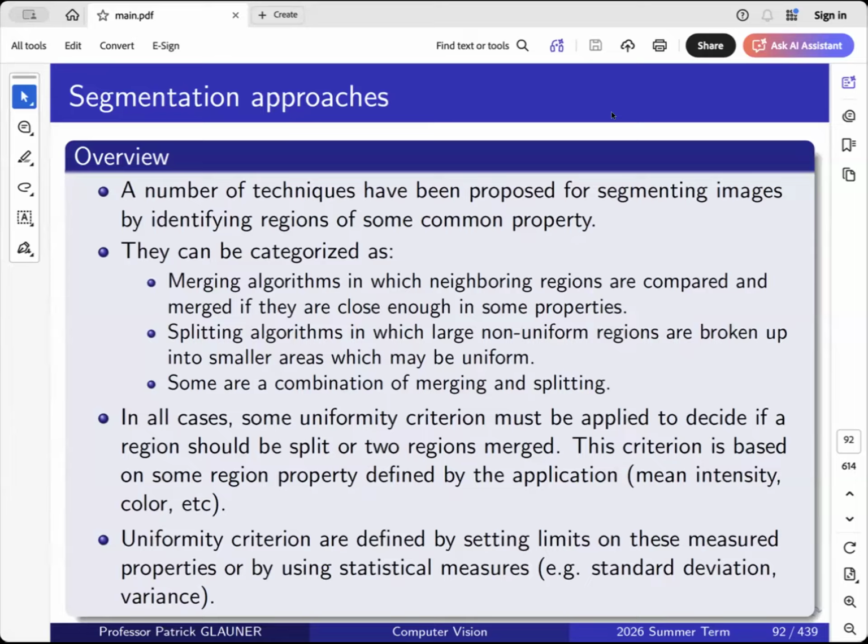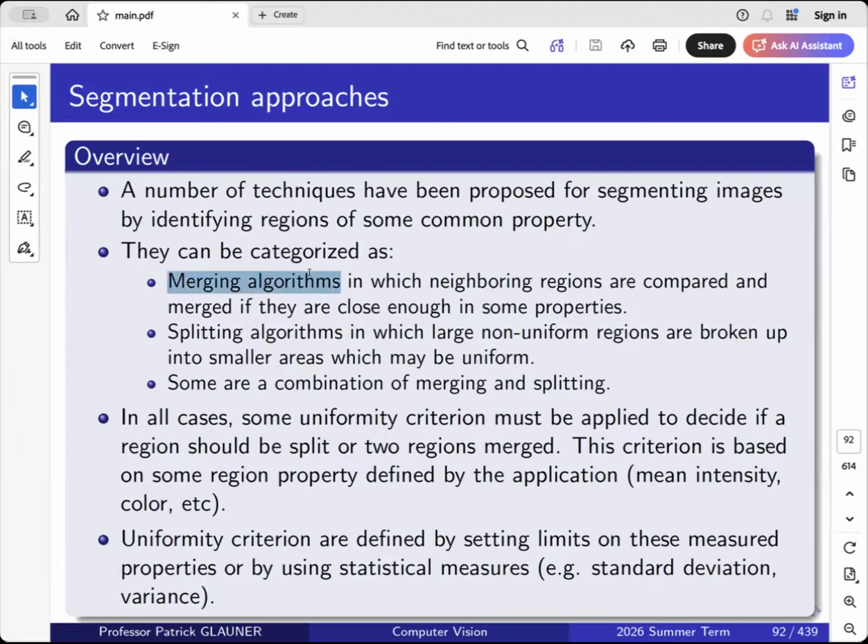Most of these segmentation algorithms can be categorized either as merging algorithms or splitting algorithms. So what is the difference between merging and splitting? Merging algorithms start with single pixels, and then they try to increasingly merge more and more pixels from the neighborhood, as long as they are close enough in some properties, into bigger and bigger regions.